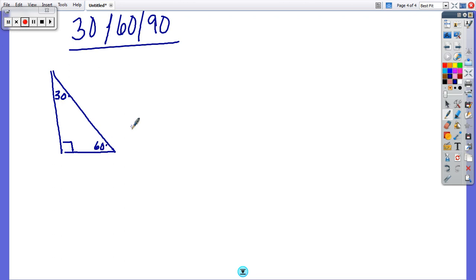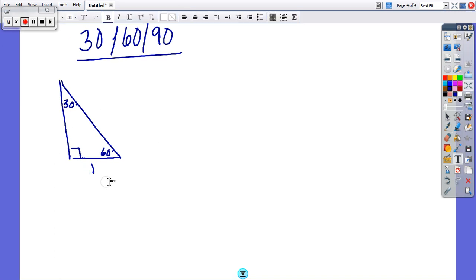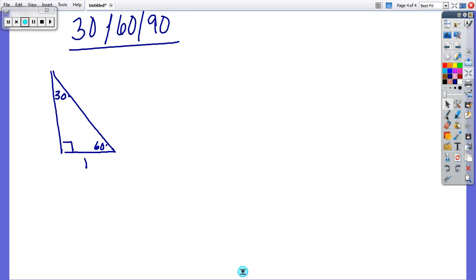Now, it really doesn't matter. I could draw a triangle either way. But what you need to know is that if this is 1, then this must be 2. And this must be root 3.